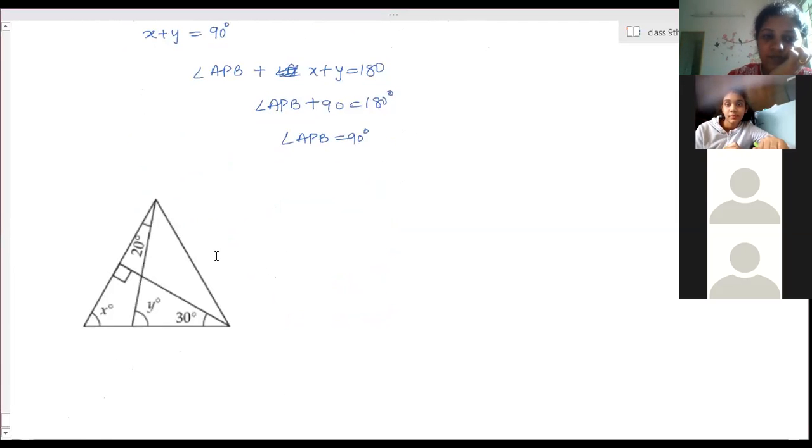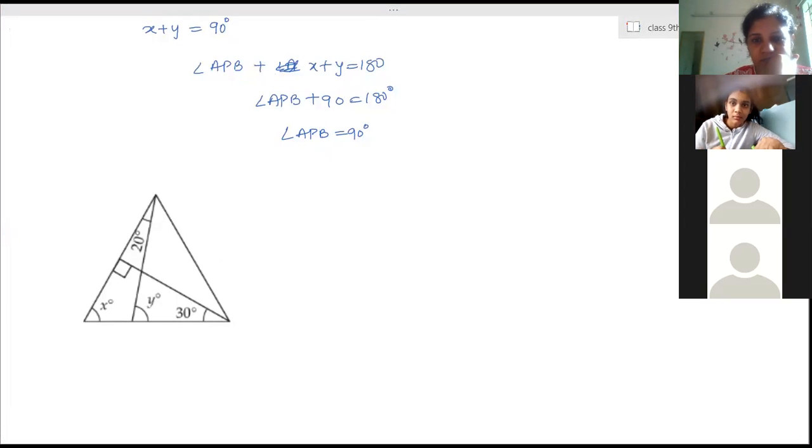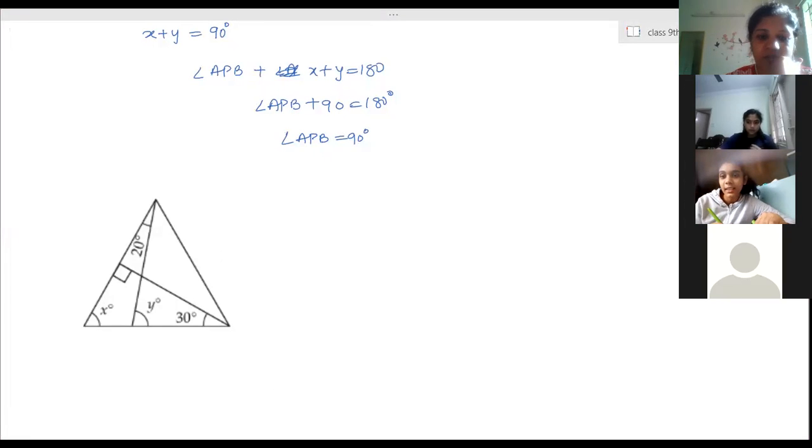Find x and y. Ma'am, x is 60 and y is 80. Ma'am, now you are able to hear me? Yes, now I can. Ma'am, x is equal to 60 degrees, and y is equal to 80 degrees. Y is 80.